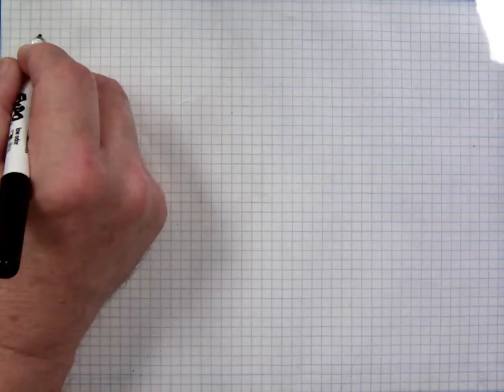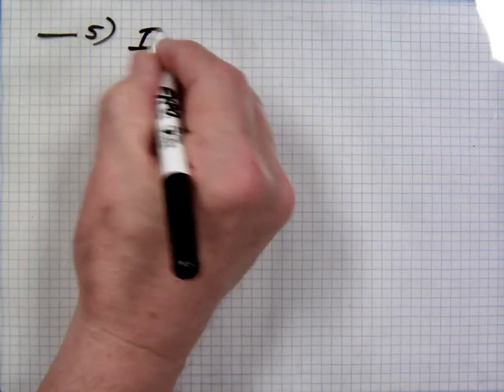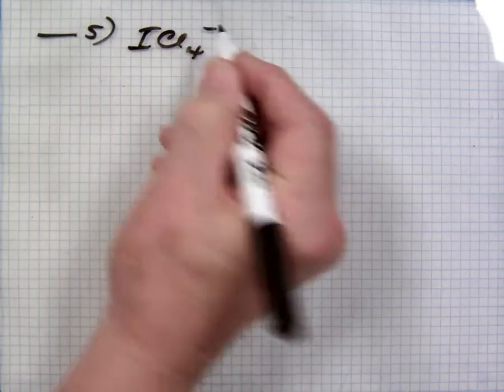Finally, here. How many hybrid orbitals are associated with ICl4 minus?